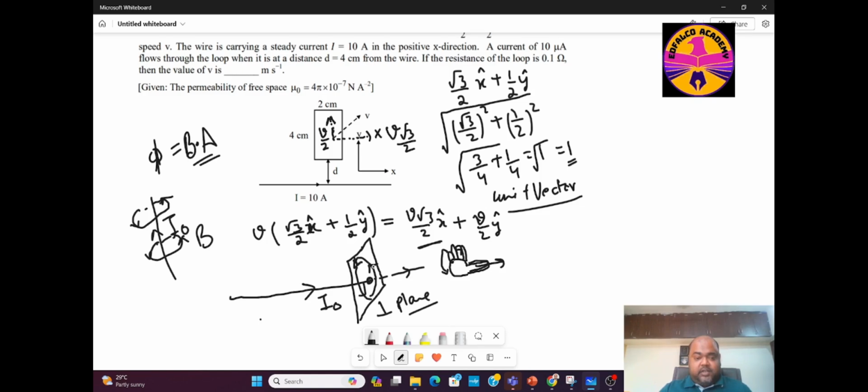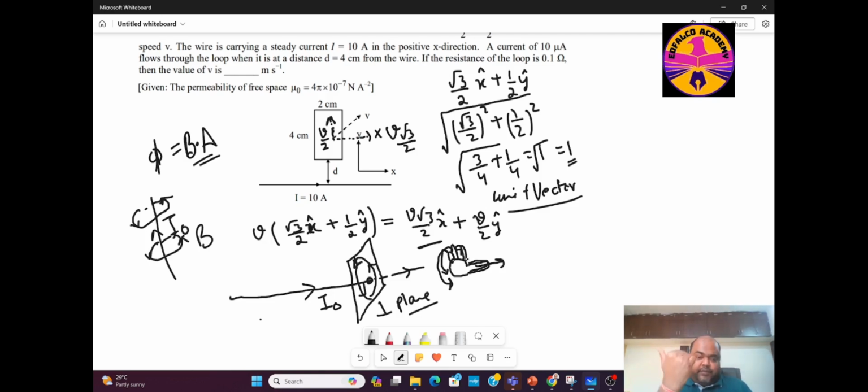So that is the direction in which the magnetic field will prevail. Just make sure you have the right hand being used, and your thumb is pointing in the direction of the current, and then you curl your fingers.